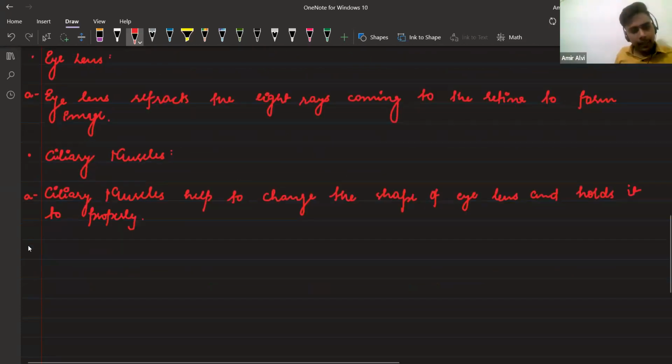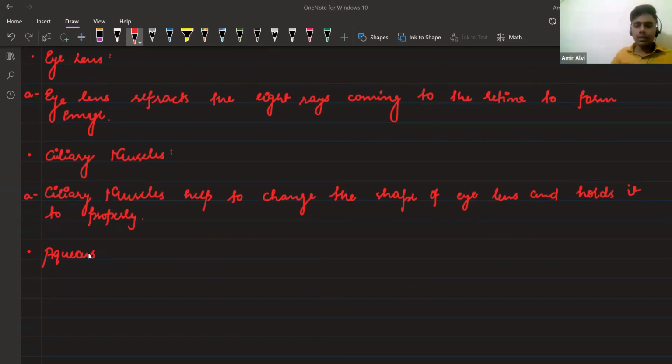Okay. Next is the aqueous humor. The aqueous humor gives nourishment to the eye lens and the cornea, and it helps to maintain their shape.